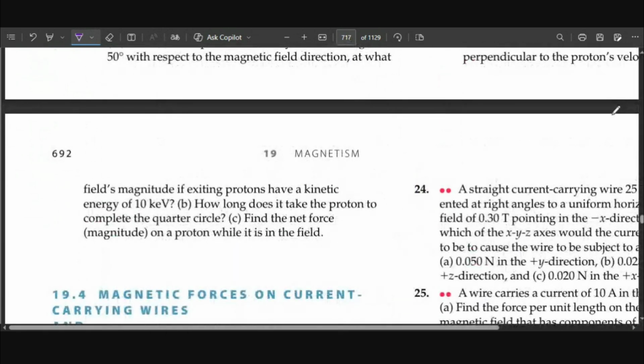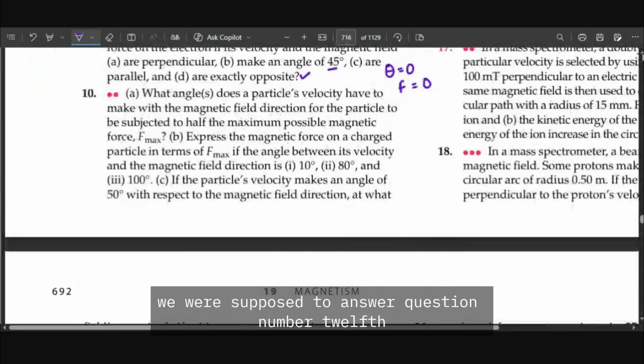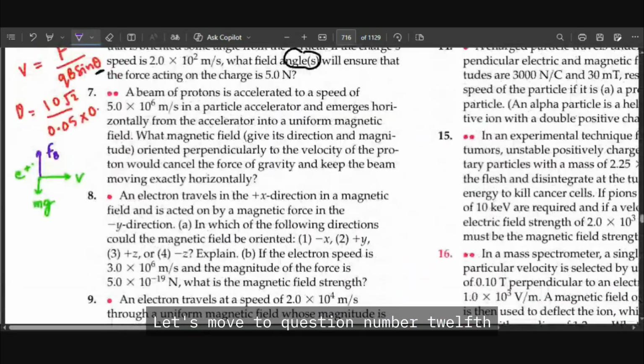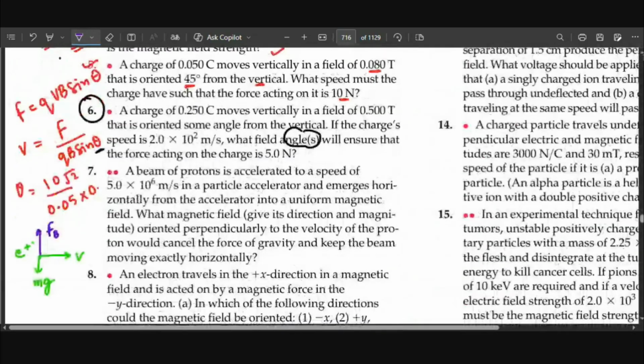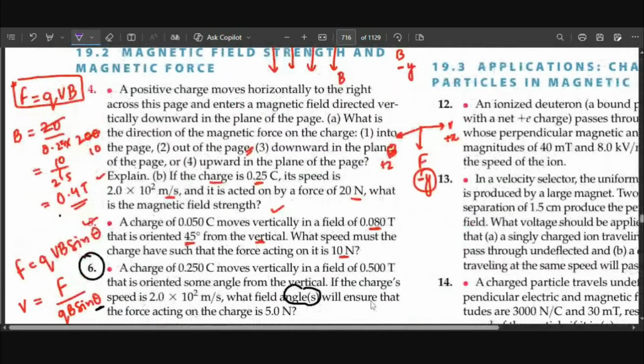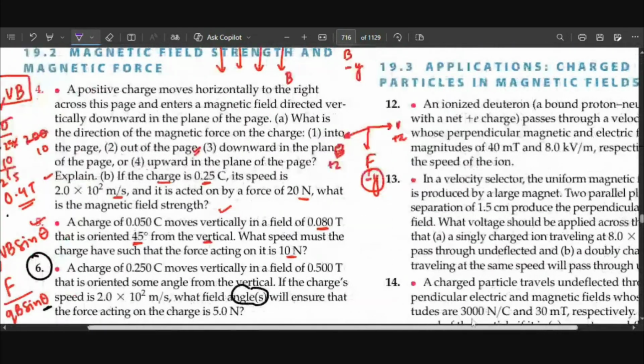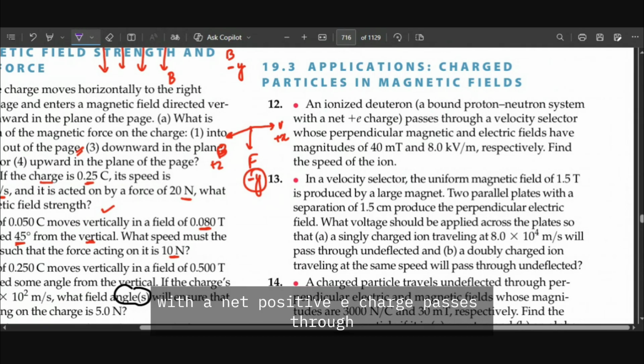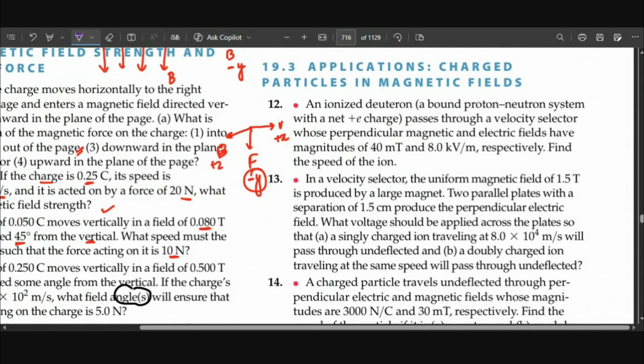Then after this, we were supposed to answer question number 12. Let's move to question number 12. The 12th question says that an ionized deuteron, a bound proton-neutron system with a net positive charge, passes through a velocity selector.